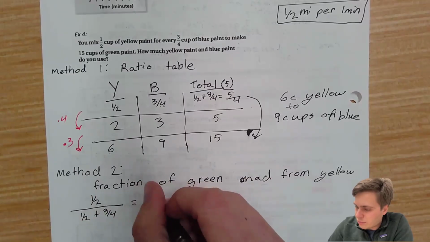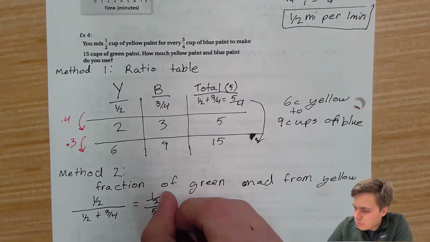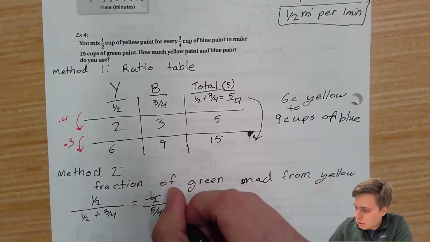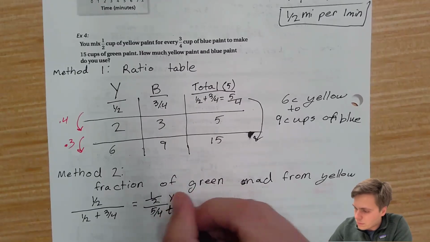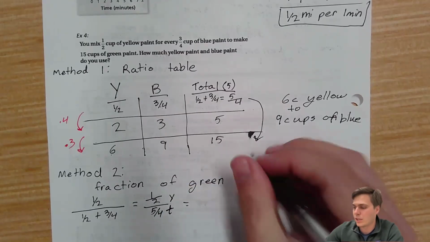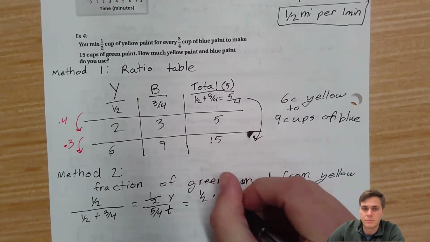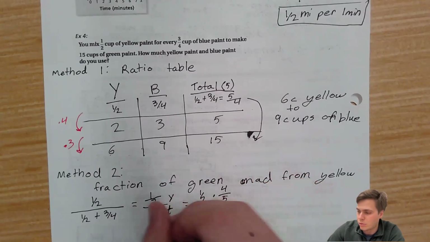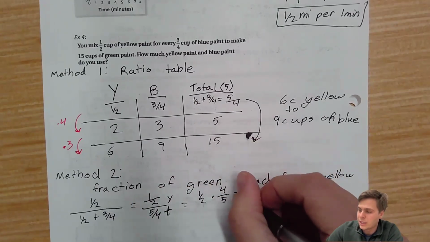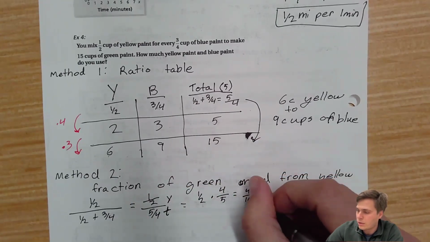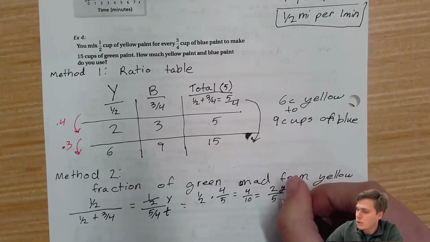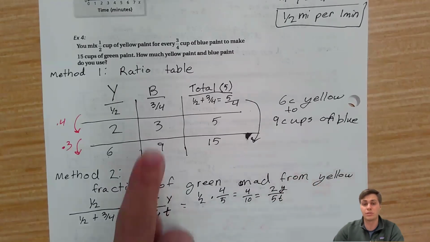So I have a fraction of 1/2 over 5/4. Really, what I have is a ratio of yellow to our total. All right, well, let's simplify that down. That's 1/2 divided by 5 over 4, keep change flip, so 1/2 times 4 over 5. That simplifies down to 4 over 10, which simplifies down to 2 over 5. So 2 yellows for every 5 total cups, which we also found up there.